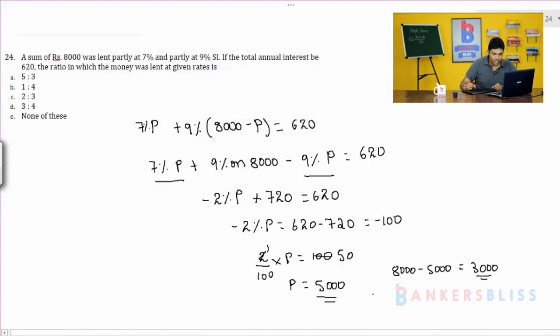So the ratio is 5000 by 3000, which is 5 is to 3. So option A is the right answer. That was problem 24, option A. Let us go to the next problem, problem number 25.